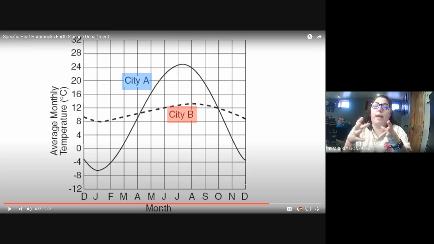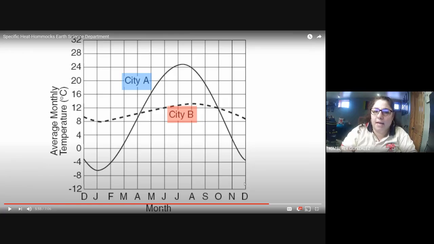Okay. Our temperatures don't change extremely from month to month. Inland ones, the ones that are further away from the water, are going to be on the extremes. They're going to have extremely hot summers and extremely cold winters. Think of places like Arizona in the middle of the summer.